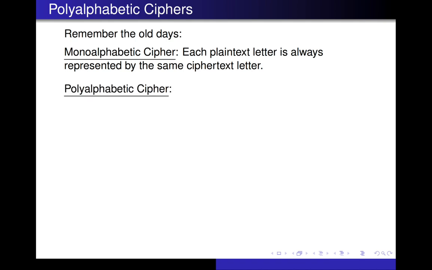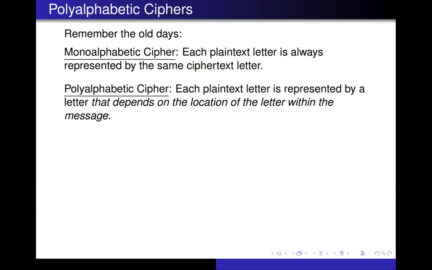Polyalphabetic ciphers take this requirement away. So it's still going to be the case that each plain text letter is represented by another letter in ciphertext, except that that letter will depend also on the location of the letter within the message. So not only does it matter what letter you are encrypting, it matters where that letter lies in the message.